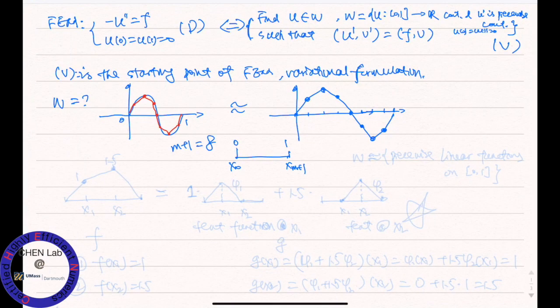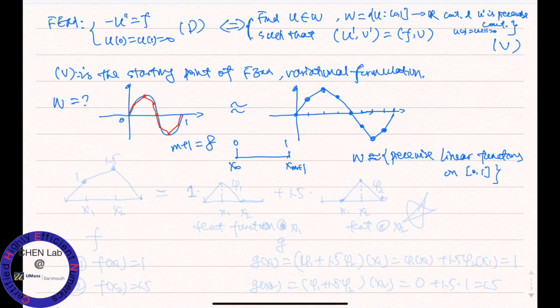Another observation is that the space W can be approximated by a space of piecewise linear functions, where each piece is linear, on the domain 0 to 1.